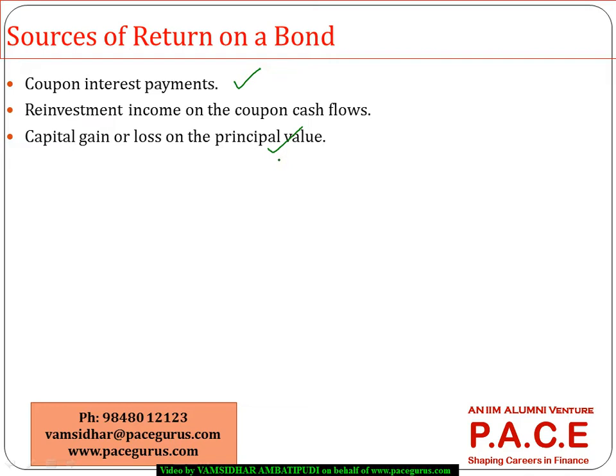These two are the regular sources of income, and whatever the coupon that is received, there could be a reinvestment income on the coupon cash flows, because it is assumed that the coupon is reinvested at some rate of return. So whatever is the return that it is paying, even that is one of the aspects of the return that is expected.